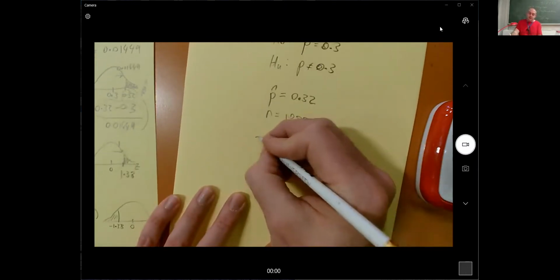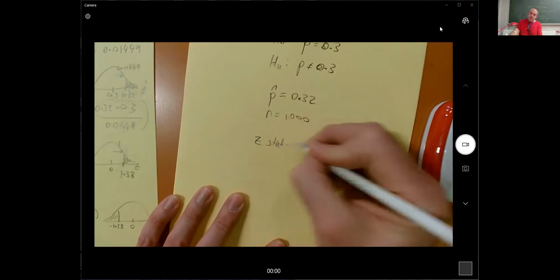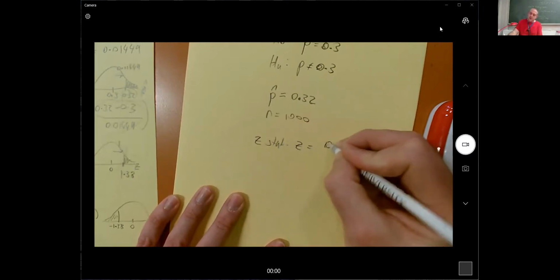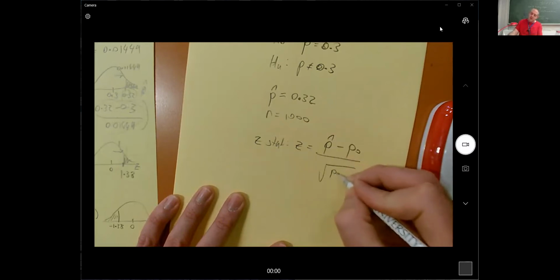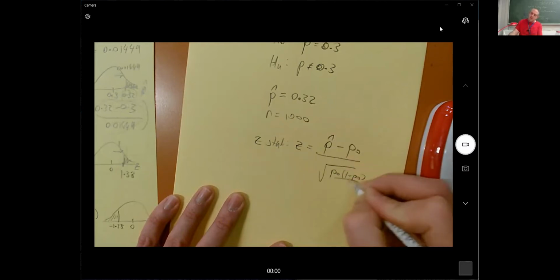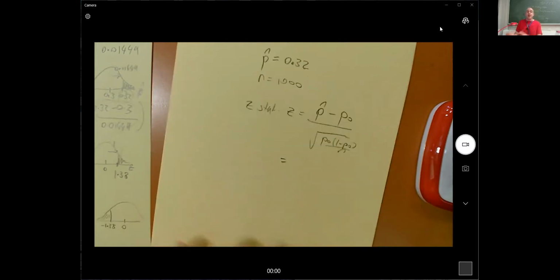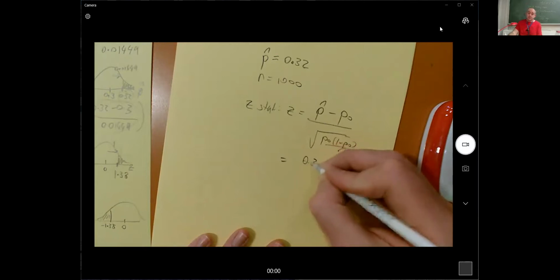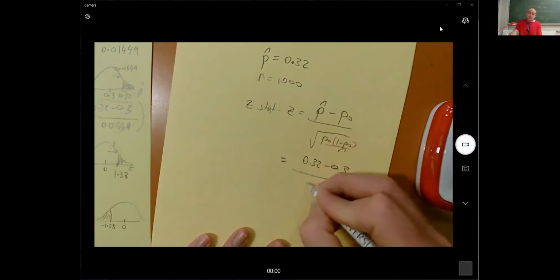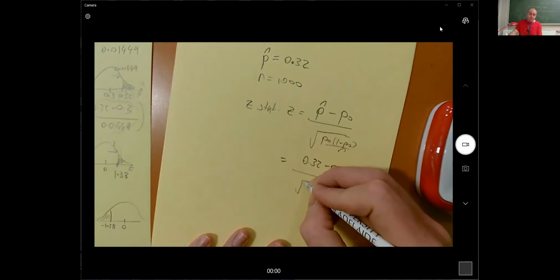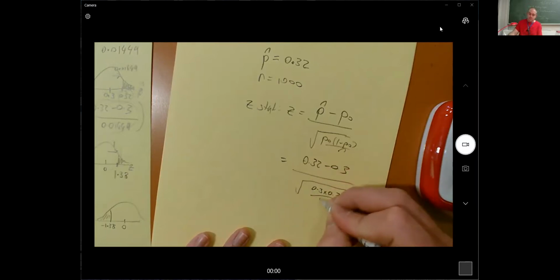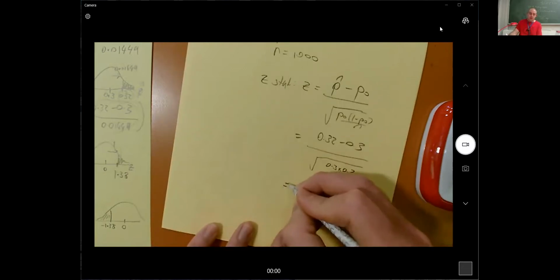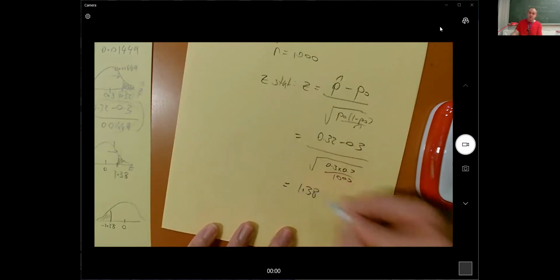Then the Z statistic would be the one I got from the data minus the one from the null hypothesis divided by the square root of P0 times 1 minus P0 over N, which is exactly the calculation I did. And that came out to 1.38.